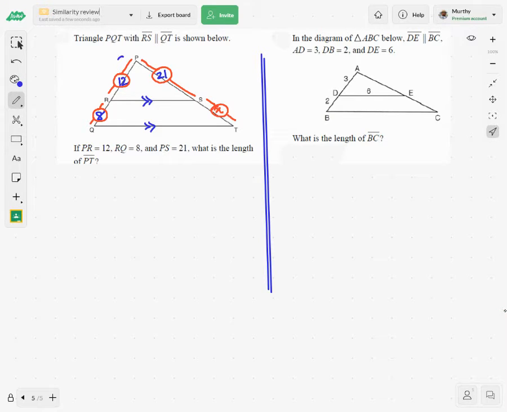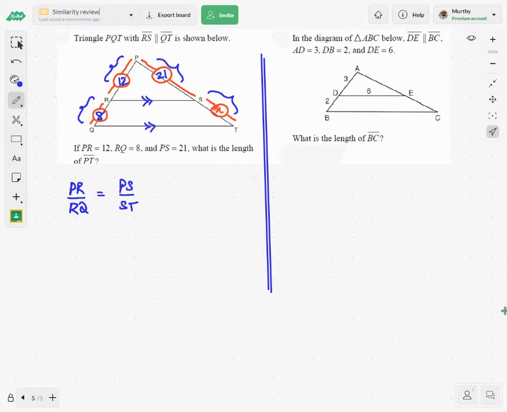So let me take this one: the upper segment over lower segment equals the upper segment over lower segment. So PR over RQ equals PS over ST. Now you can plug in the values.